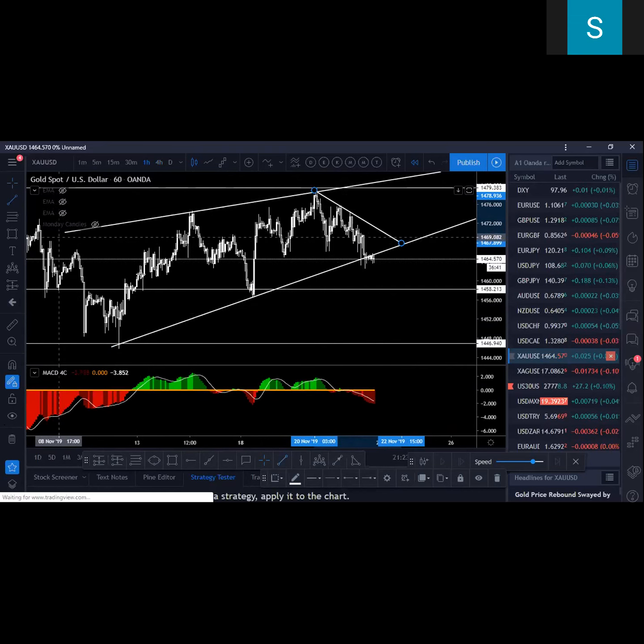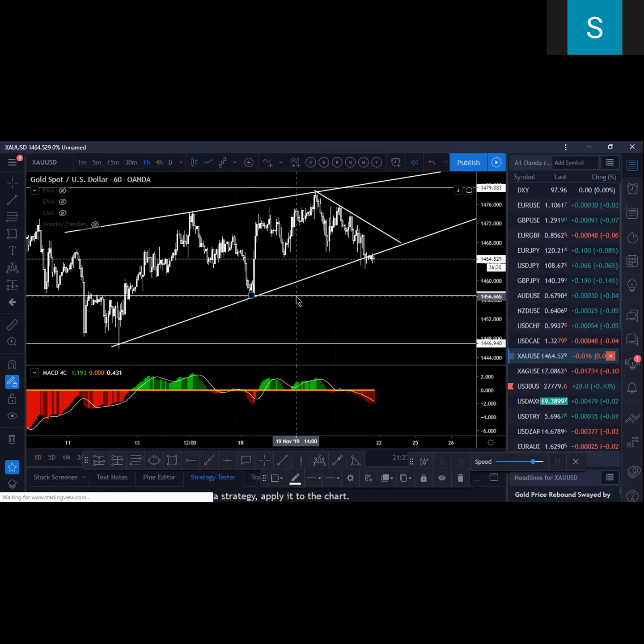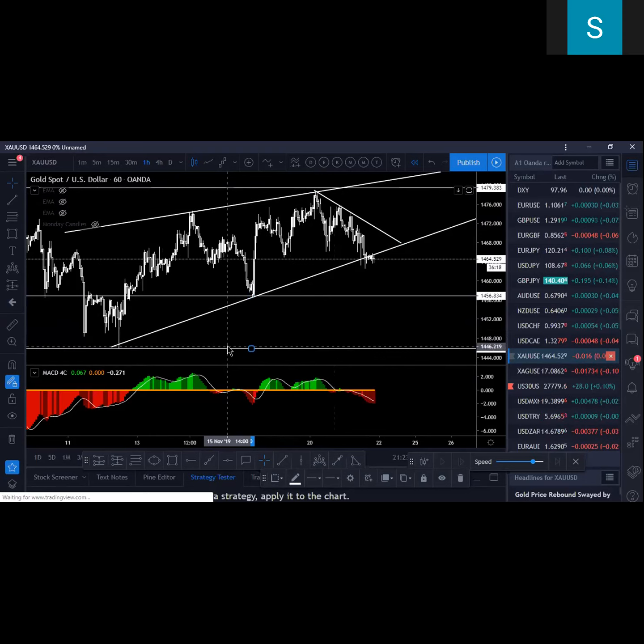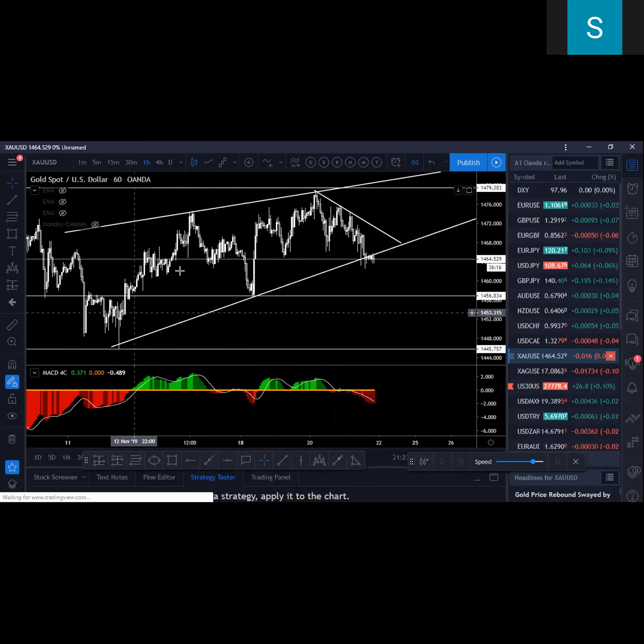I could identify my support and resistance levels, but I already have them drawn from before. The 4 hour ones are overlaying with the hourly time frame ones. You see resistance here, support here, and support here again. So we got some nice lines drawn out. All we need now is the price reversal zones.